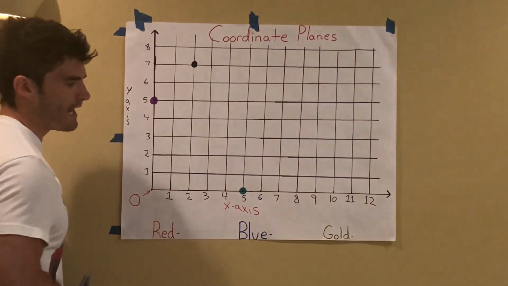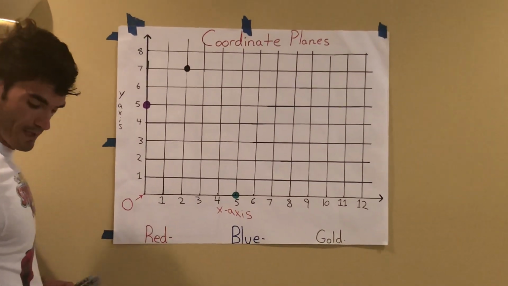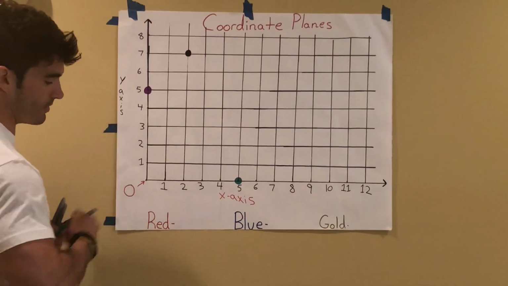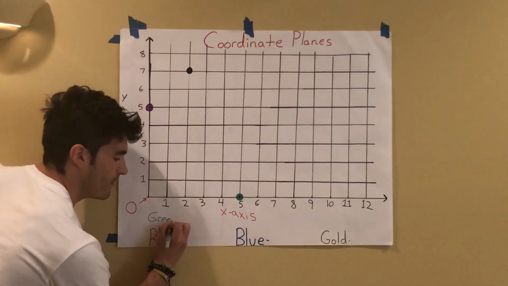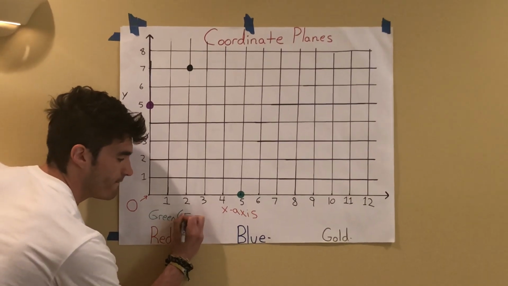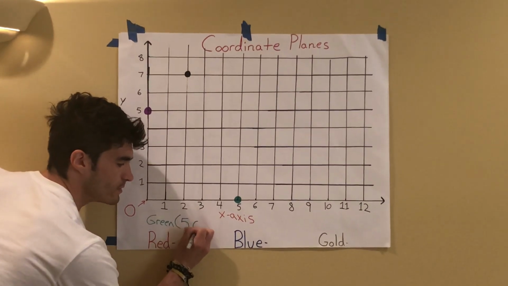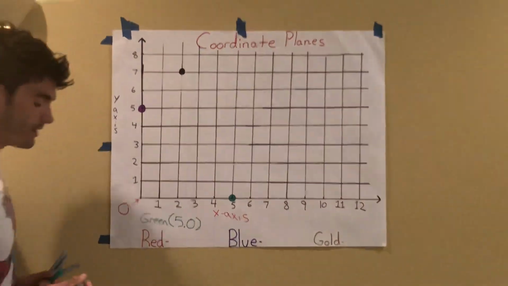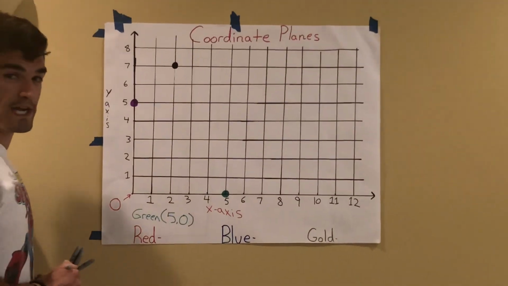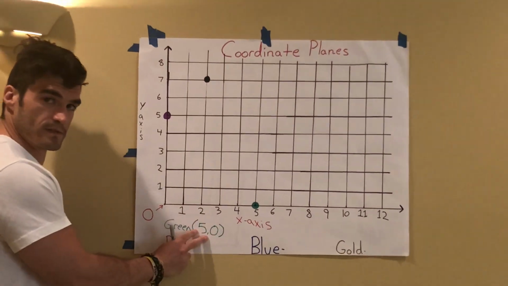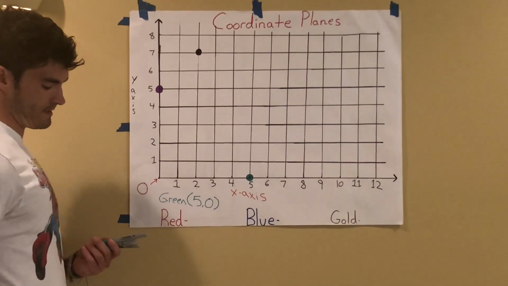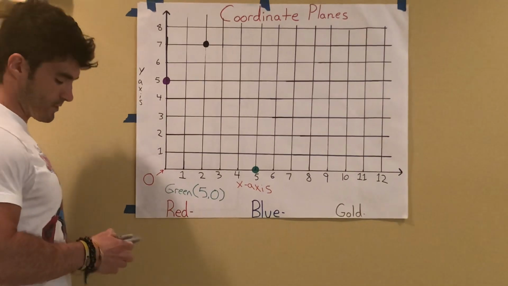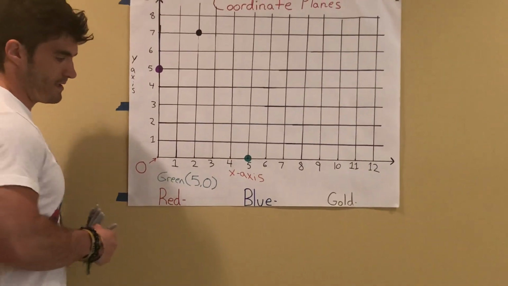So the green dot, turquoise dot, whatever you want to call it, I'm going to put green, would be 5, 0. It is super important that you write these numbers like this. There's a certain rule: each number is a coordinate.